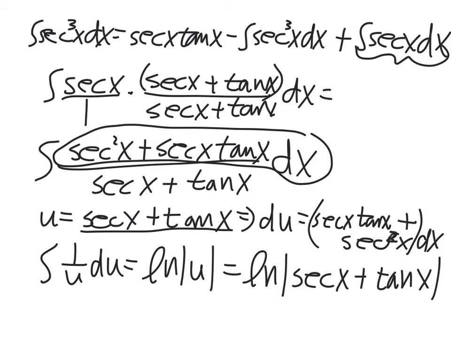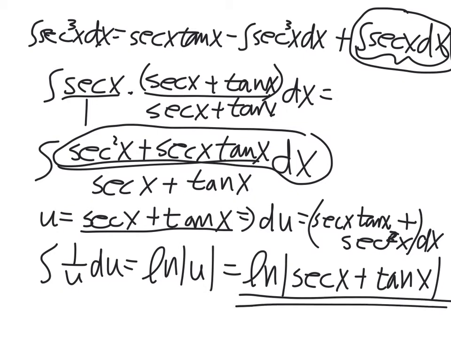Now, remember back at the beginning, that was our integral of secant x dx. And we've shown now that that's going to equal this nice big natural log. That's where that comes from. And on the table of integrals from the Thinkwell material, that is actually number 13.